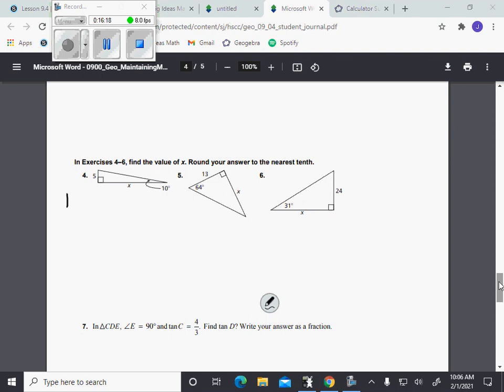We want the tangent of 10 degrees. That's going to be equal to opposite over adjacent. So 5 over x. Now we can solve tangent of 10 degrees.